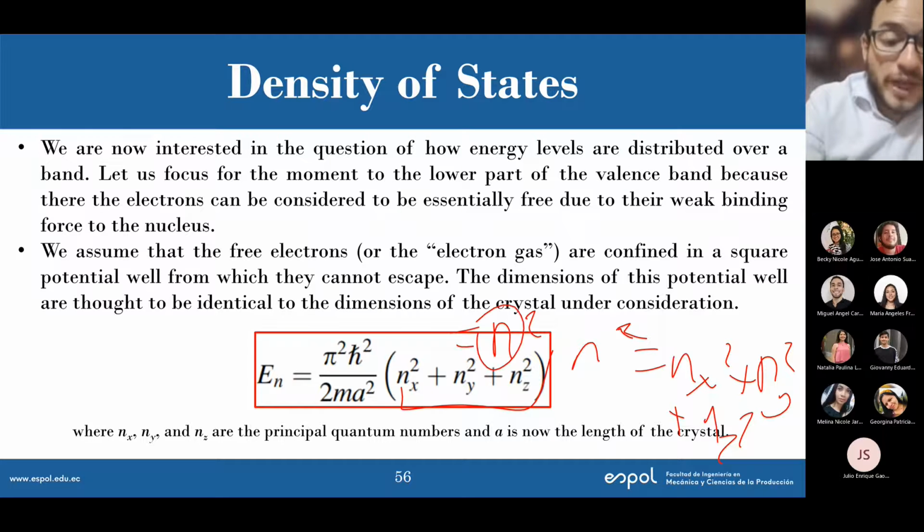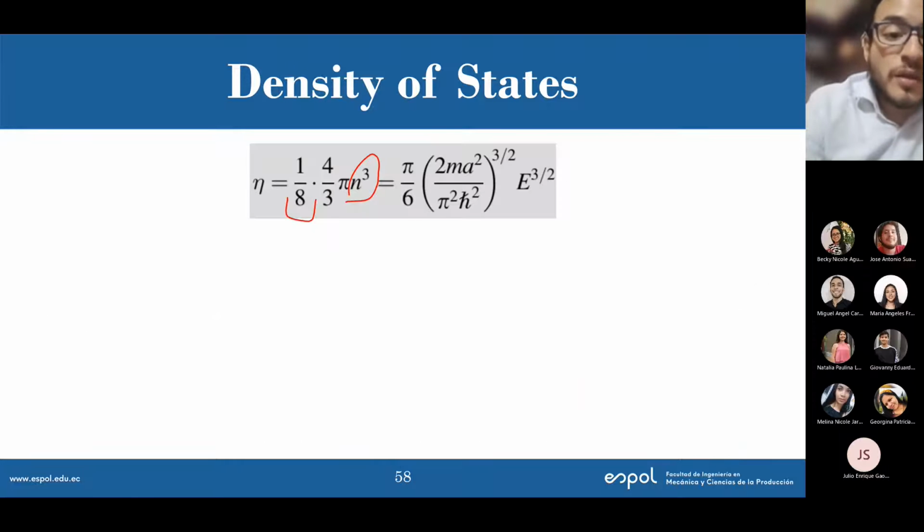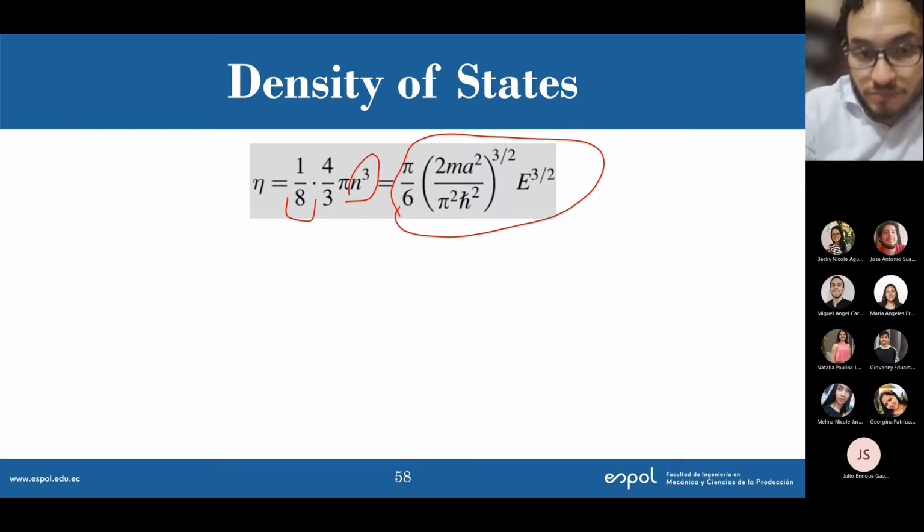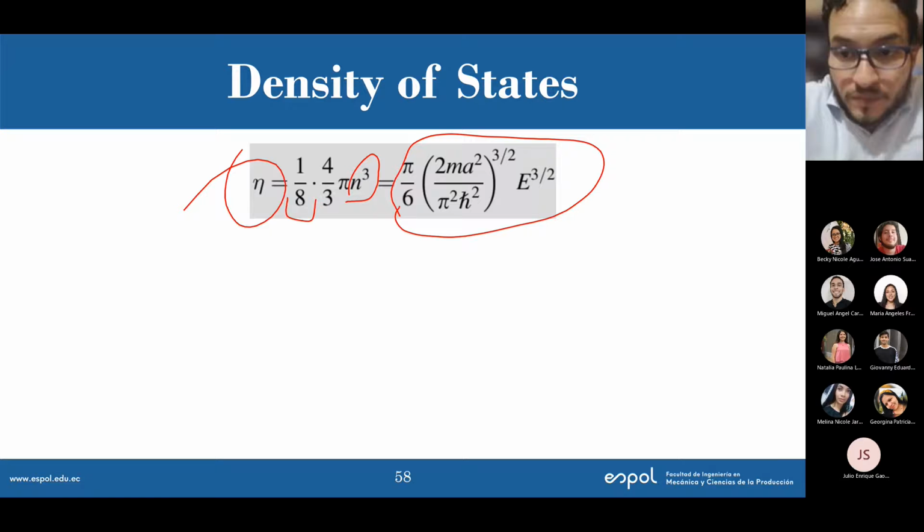So I can solve for n and replace that here, and I'll get this equation, right? And so what is this? That's just the total number of energy states, right? That are quantized.